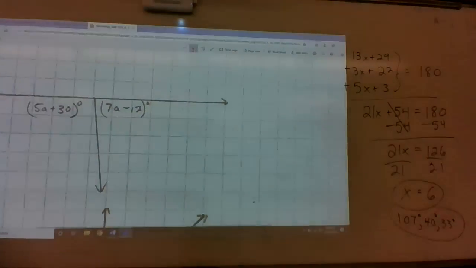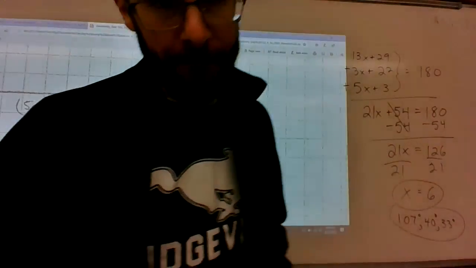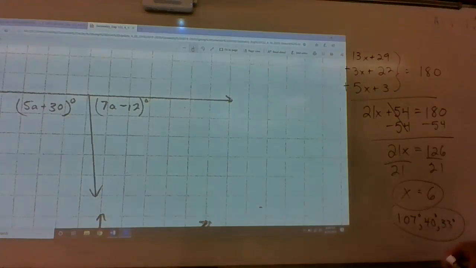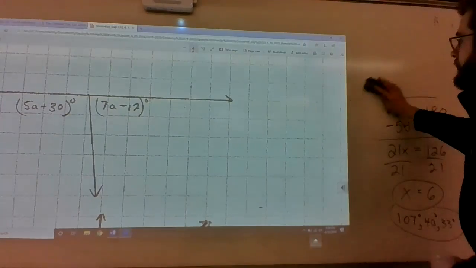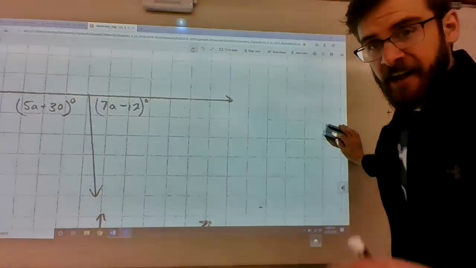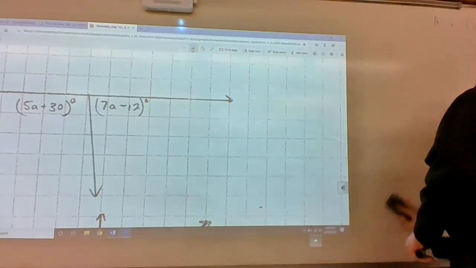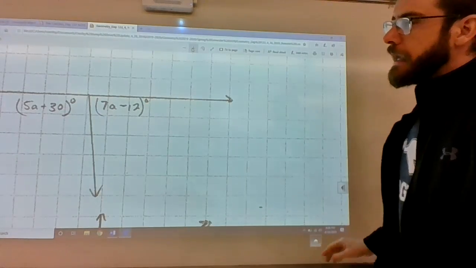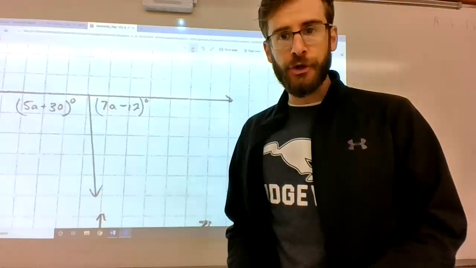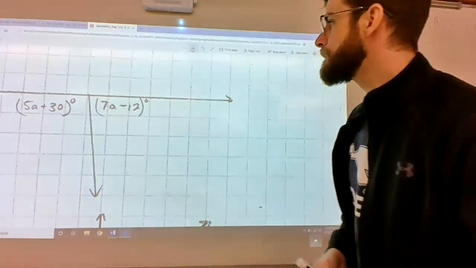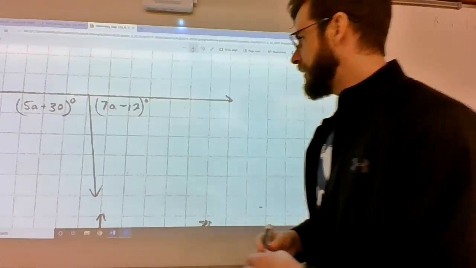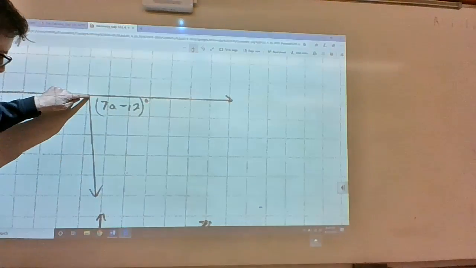All right, number 4. So number 4 is asking us to do the exact same thing. Find the value of the variable a, and then find the value of the two angles that are unknown. So tell me, what do you know about two angles that are separated?